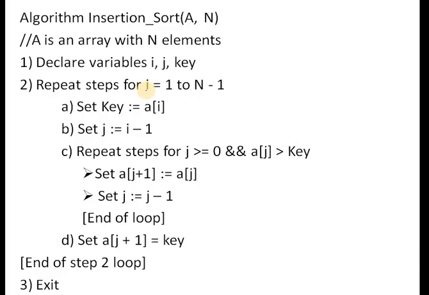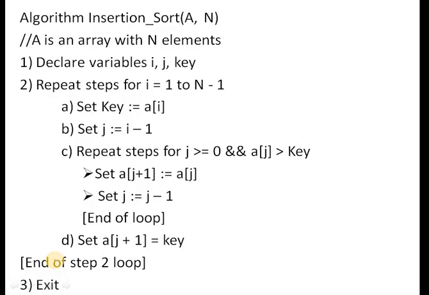So set A of j plus 1, and in that position we insert the element. Key is the item we are going to insert. Then these steps will be repeated, and finally we'll get the sorted list.